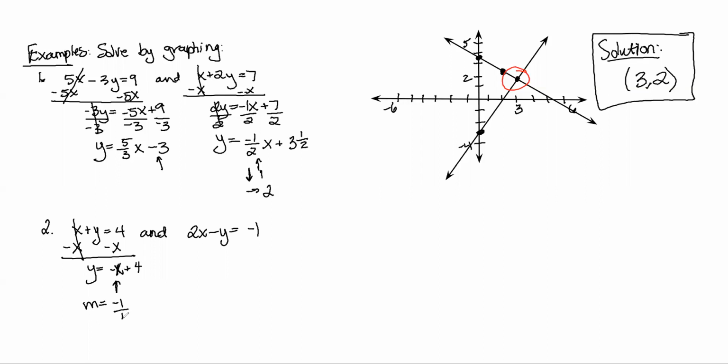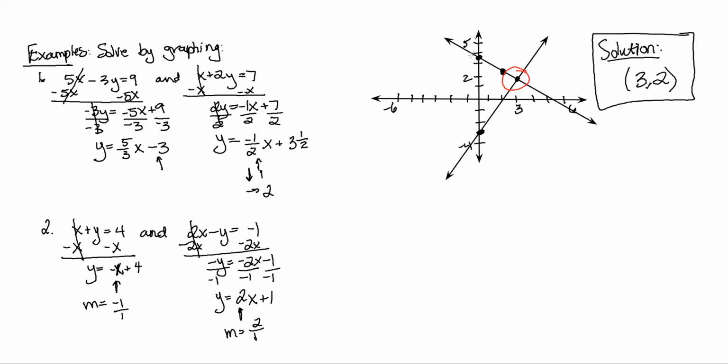And now our second line, let's subtract 2x. So we get negative y equals negative 2x minus 1. Divide everything by -1, or just change all of the signs, it's up to you. But we get positive y equals positive 2x and then plus 1. So our slope here is 2 over 1.